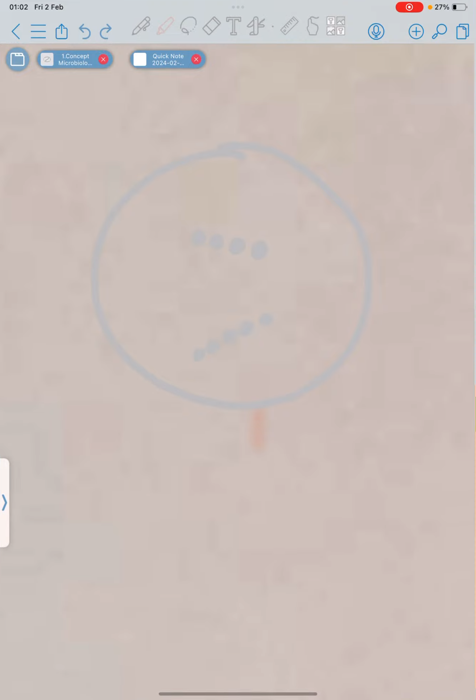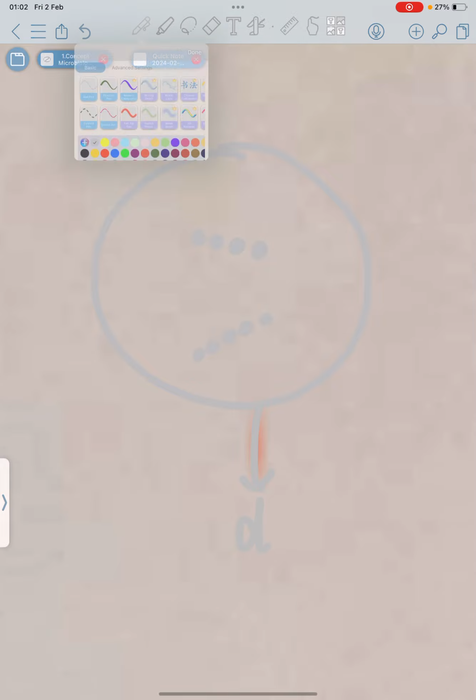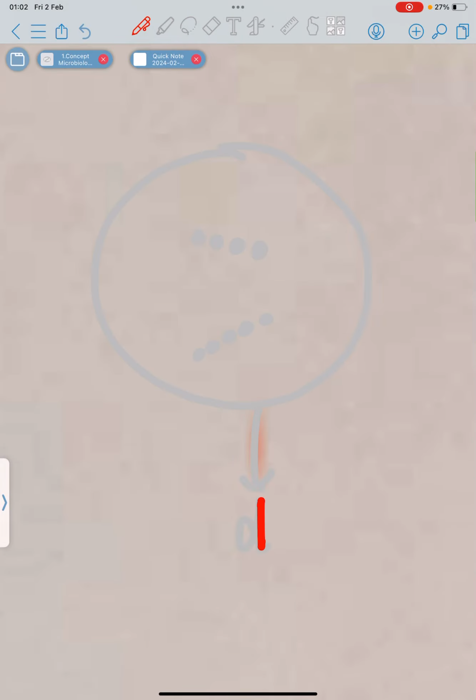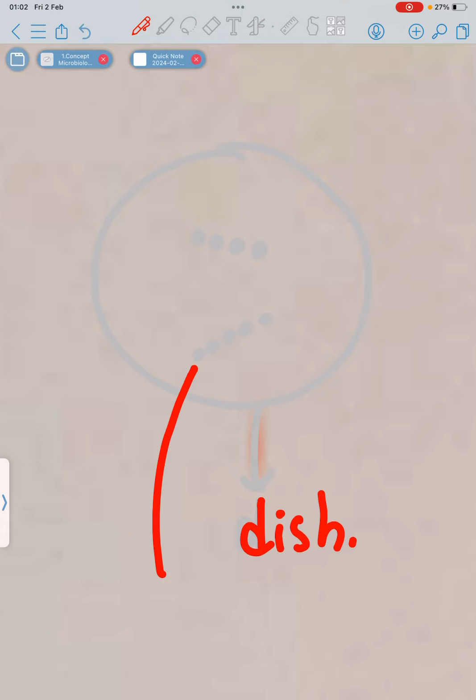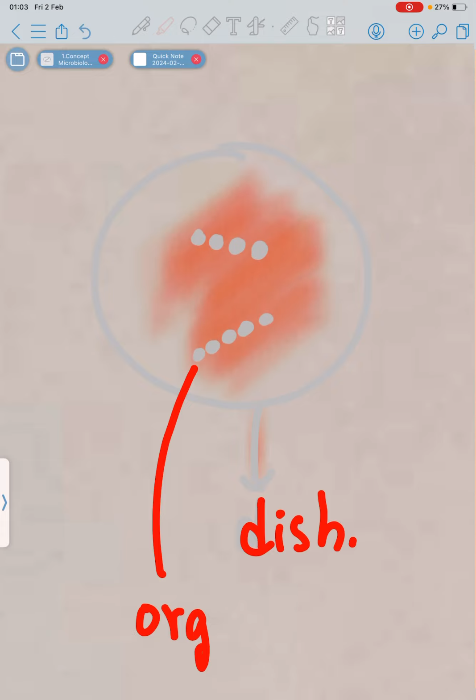If this is any dish and these are the organisms, are you able to identify these normally? No. But now if I put any stain, will you be able to identify the organisms? Yes.